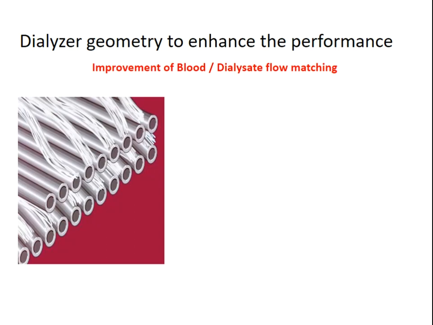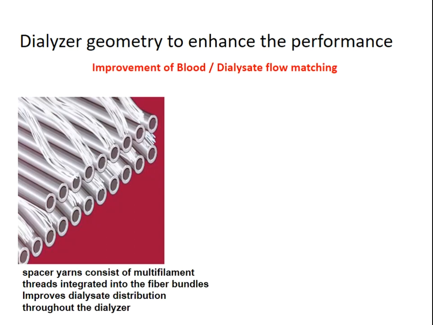We can use one of two approaches. Either use spacer yarns between fibers, separating adjacent fibers from each other; these spacer yarns consist of multifilament threads integrated into the fiber bundles, and this improves the dialysate distribution through the dialyzer.